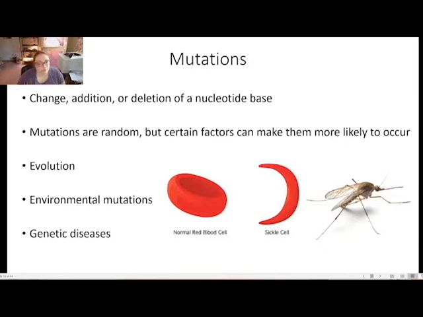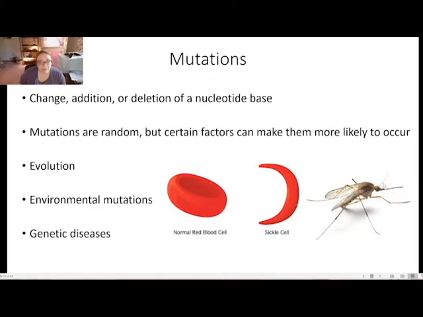And for other conditions, which is really interesting, this is what happens with sickle cell disease. If you have one mutated copy of this gene, it's actually advantageous because it provides protection against malaria. But if you have two copies, that's when you get sickle cell disease.